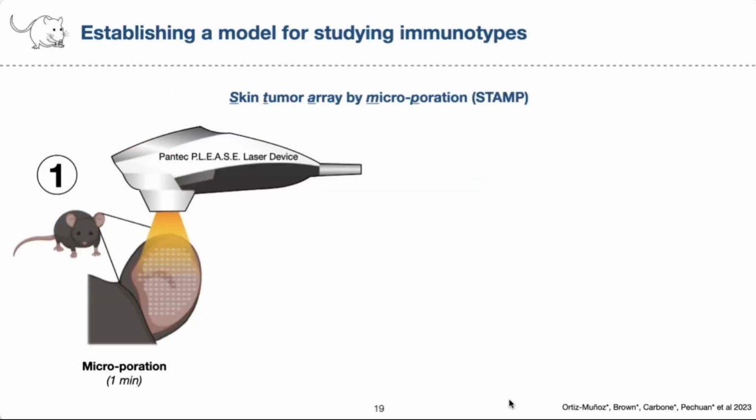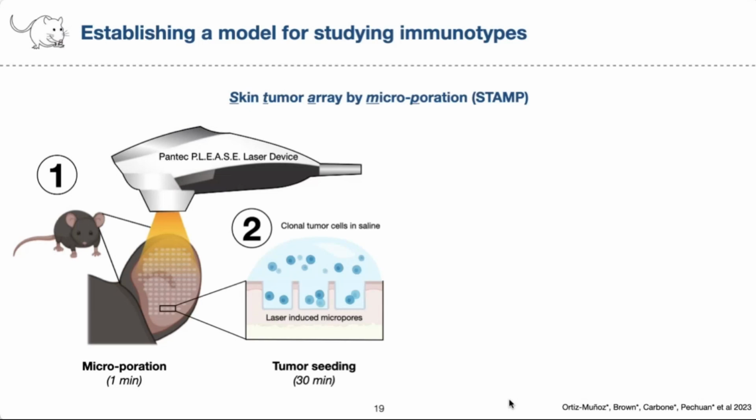During my postdoc, we developed a system to address this gap, the STAMP model, which stands for Skin Tumor Array by Microporation. In this system, we use an infrared laser to create a grid of micropores in the skin of the mouse ear. We then seed tumor cells into these pores and allow them to grow into microtumors that are perfectly suited for live imaging over time.